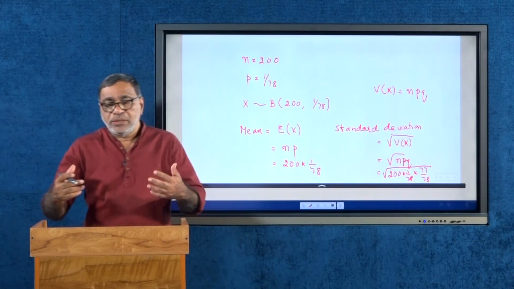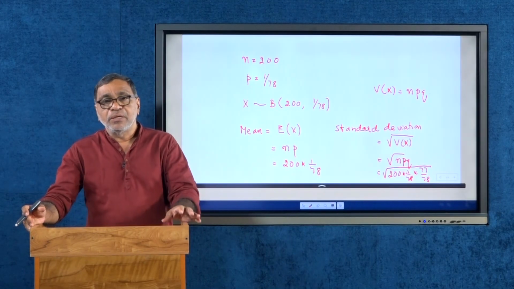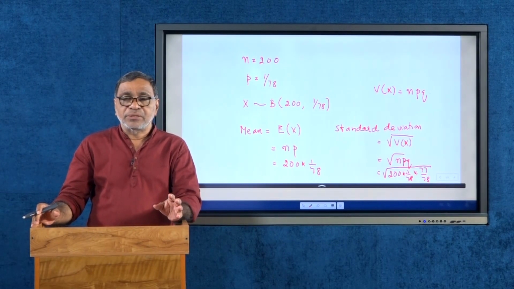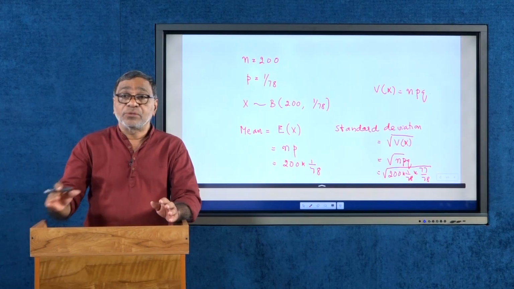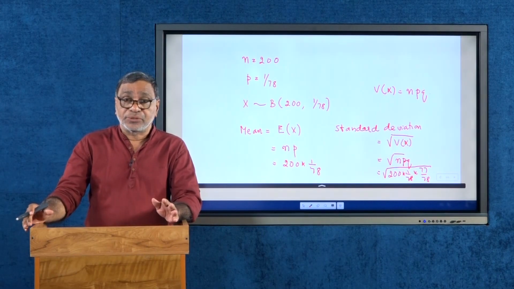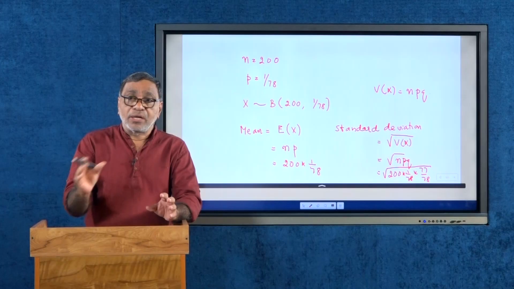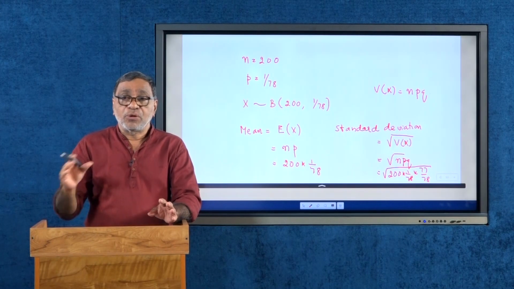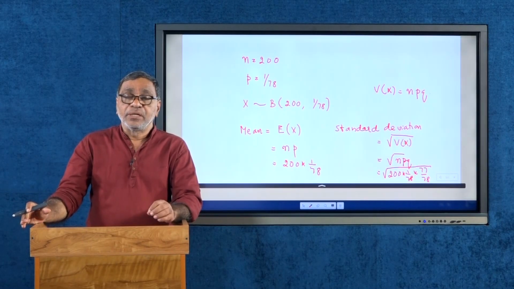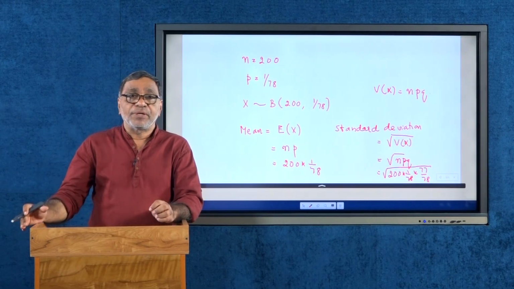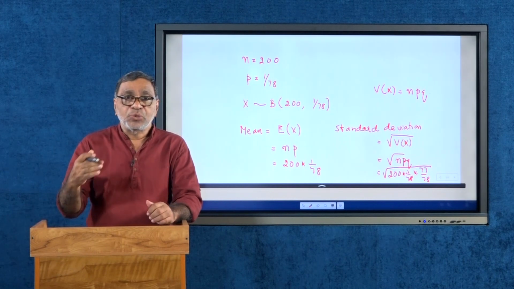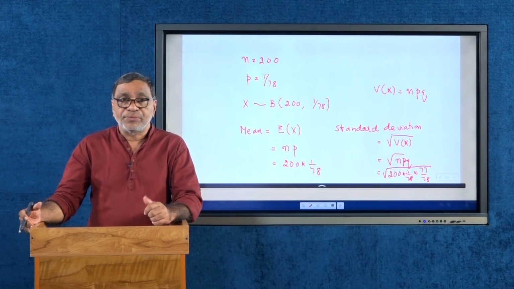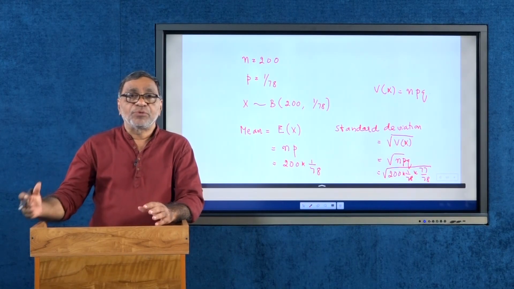The advantage of this is, in the medical field we have patients affected by pancreatic cancer and patients not having pancreatic cancer. So, we have a dichotomy here, that is pancreatic cancer or not. Suppose x is the number of people affected by pancreatic cancer, and you are given p, the probability of being affected, as 1 out of 78, and we have a sample of 200 people.